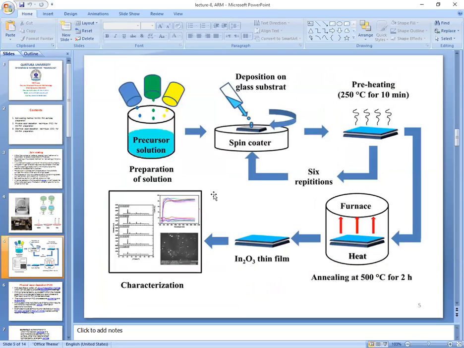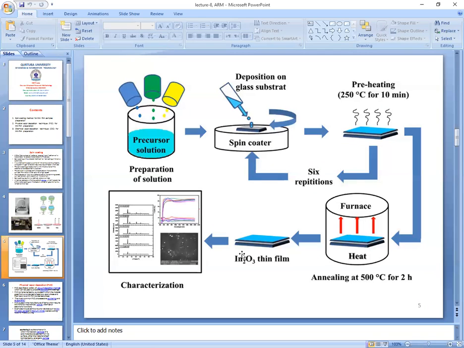There is another schematic diagram. The start is from a precursor solution, preparation of the solution, and then it is deposited on any substrate. Here, the substrate is a glass slab, and after spin coating, when it is deposited, it is preheated and dried. Then, if more heat is required, it is kept in a furnace, and then the final product is obtained, and after that it is characterized by XRD, by FTIR, or by scanning electron microscopy.